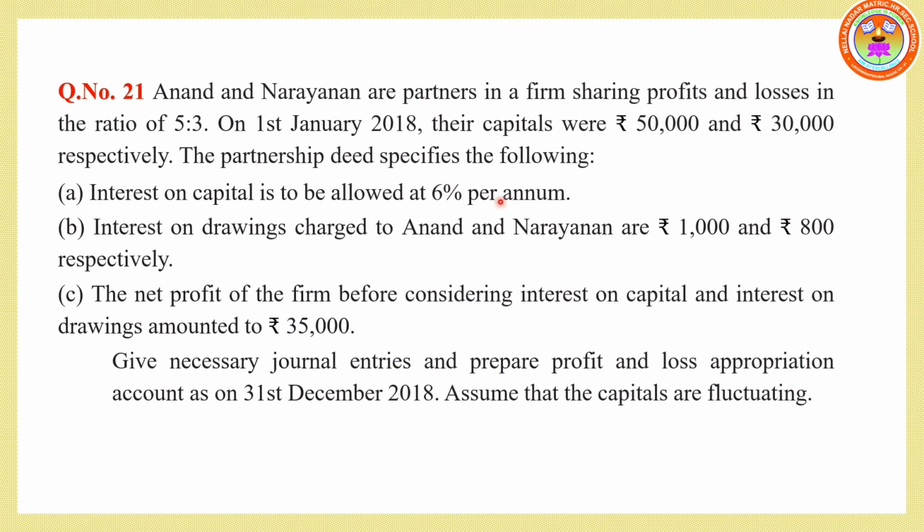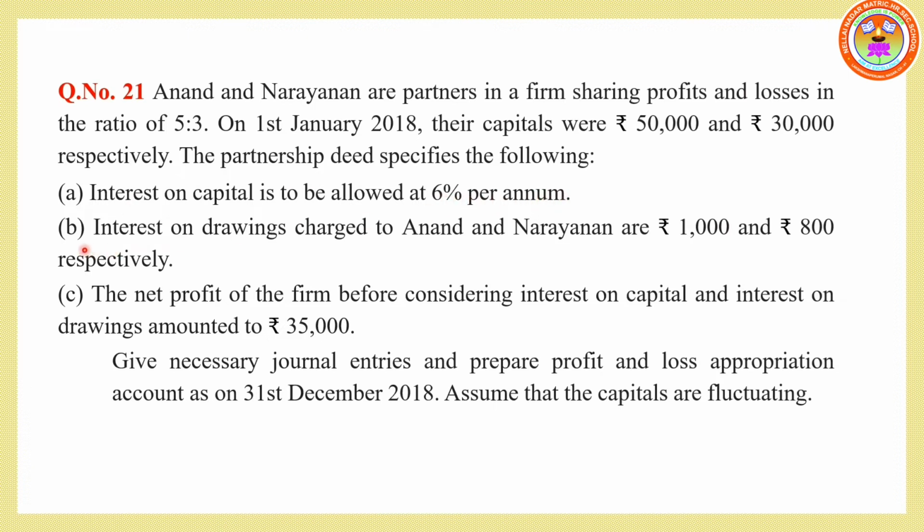Read question number 21. Anand and Narayanan are partners in a firm sharing profits and losses in the ratio 5:3. On 1st January 2018, their capitals were 50,000 and 30,000 respectively. The partnership deed specifies the following. Look at point A: interest on capital is to be allowed at 6% per annum.